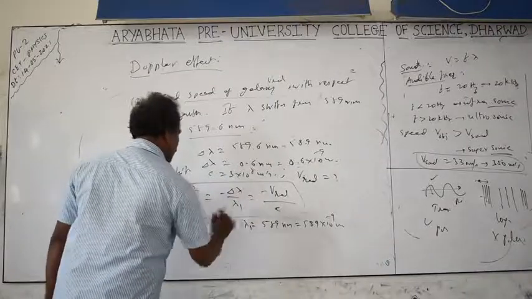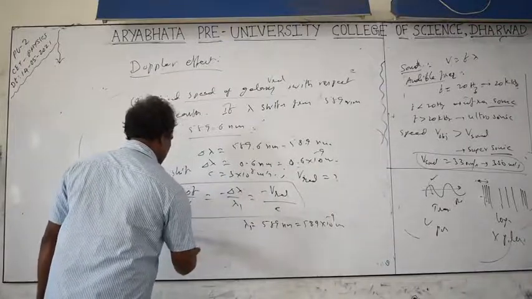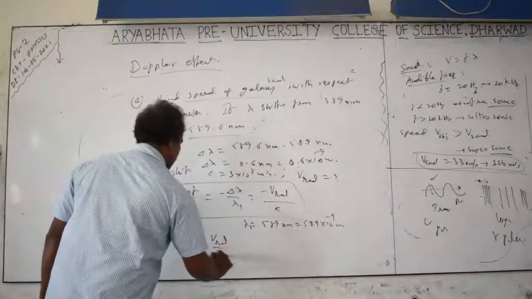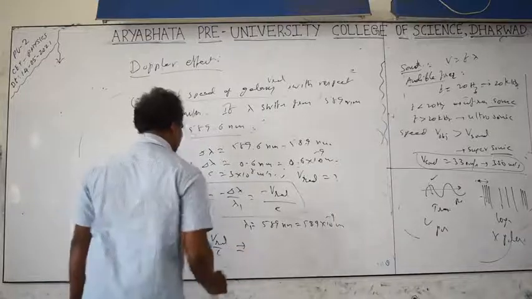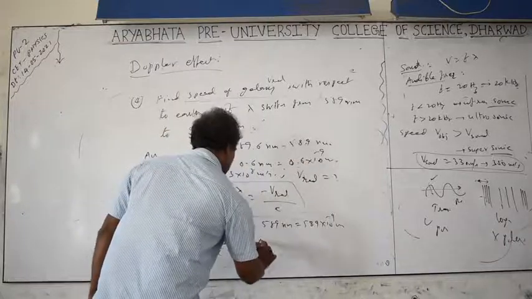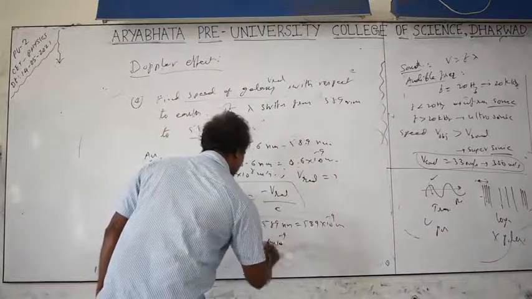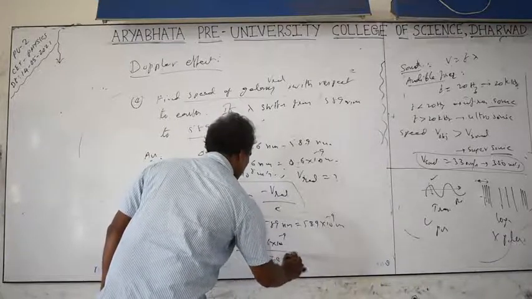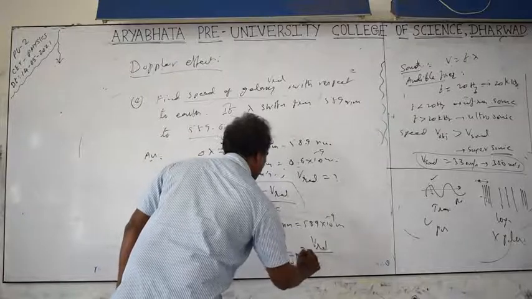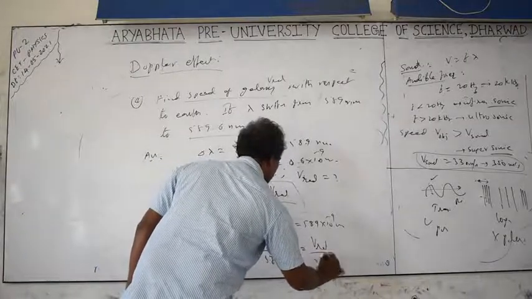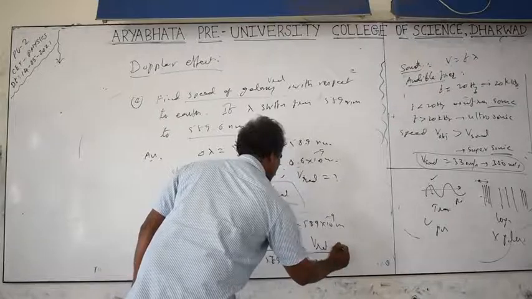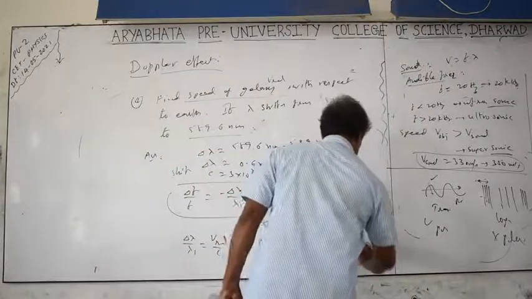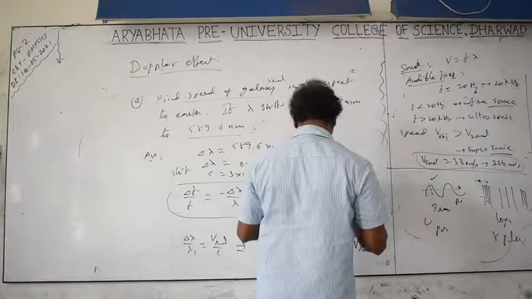So we take the relation delta lambda by lambda 1 is equal to minus, minus cancels, radial velocity by c, which equals delta lambda 0.6 nanometers by lambda 1, 589 nanometers, is equal to v radial by the speed of light, 3 into 10 to the power of 8 meters per second. You will get the radial velocity by calculation, the 10 to the power of 9 cancels.